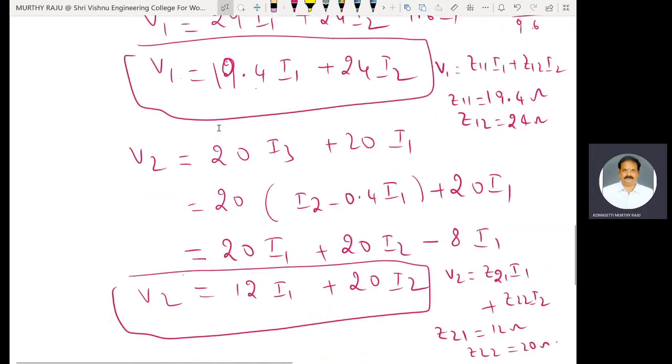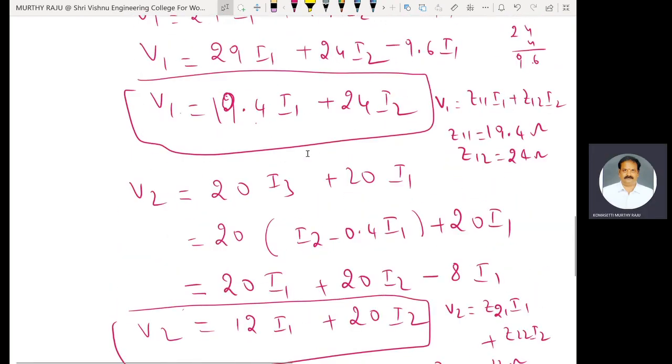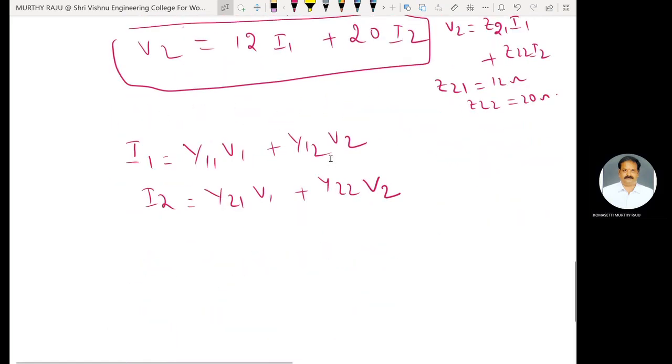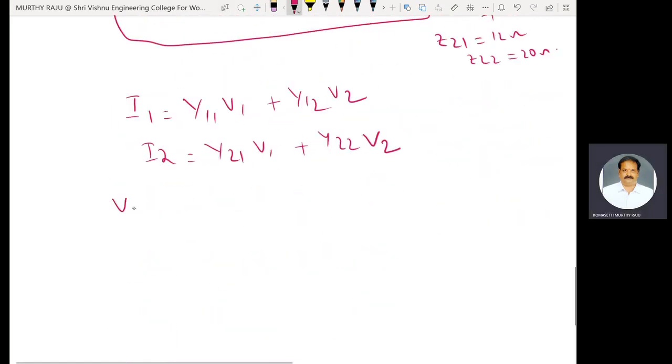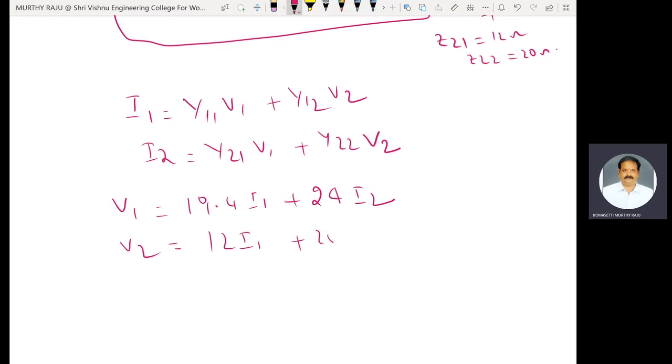Consider these equations. V1 is equal to 19.4 I1 plus 24 I2, and V2 is equal to 12 I1 plus 20 I2.